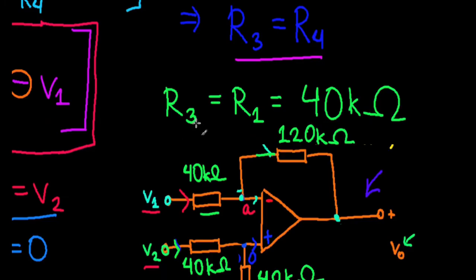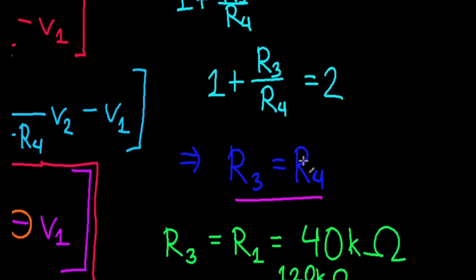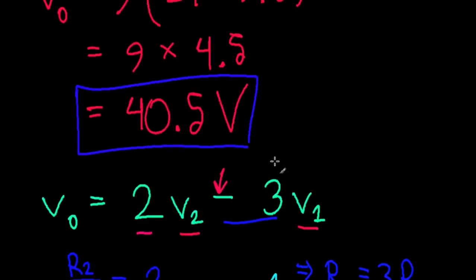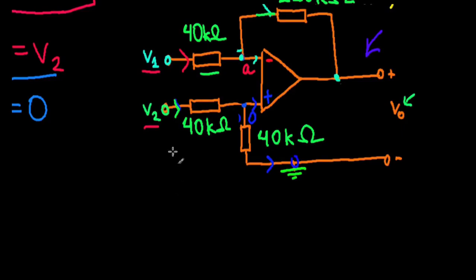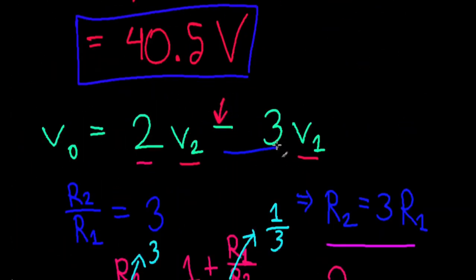Pretty interesting. I want you to understand the essence of this circuit. No matter from where, maybe it's from another op amp, or maybe these are from cells, or another type of circuit, this differential amplifier circuit is going to take two voltages from anywhere. It's going to multiply V2, one of the voltages, by 2, multiply the other voltage by 3, and find their difference.